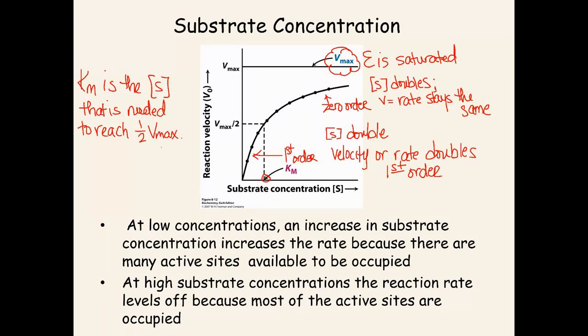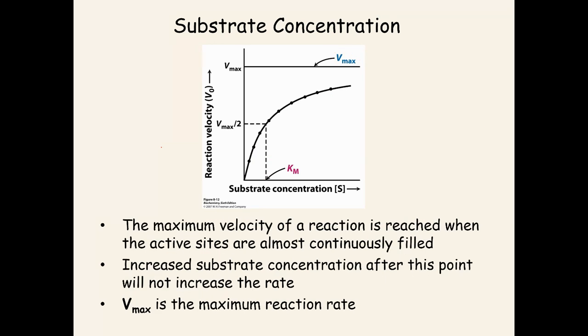Okay, so I'm going to click on this. Here, this is saying what I said on the previous slide, but written out in words. The maximum velocity of a reaction is reached when the active sites are almost continuously filled. So if you increase the substrate amount after this point, you're not going to increase the rate. Vmax is the maximum reaction rate.